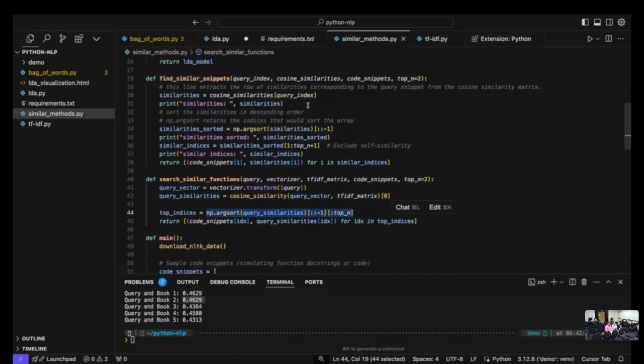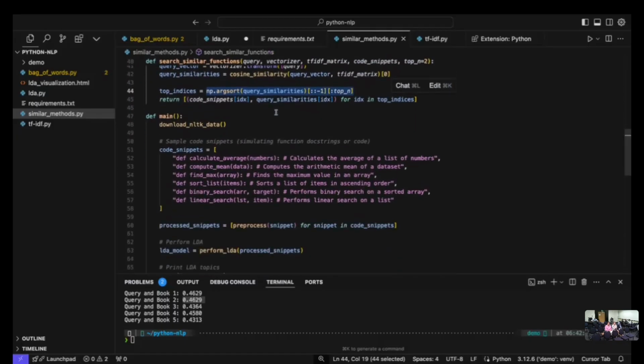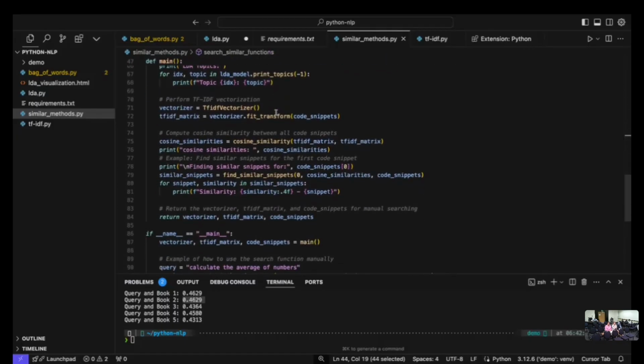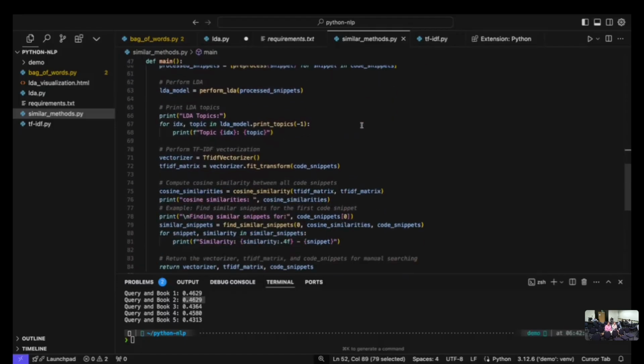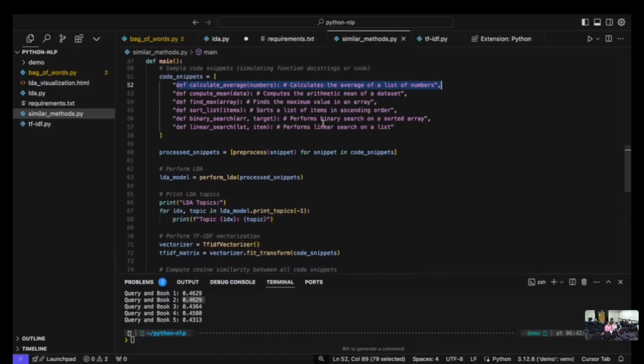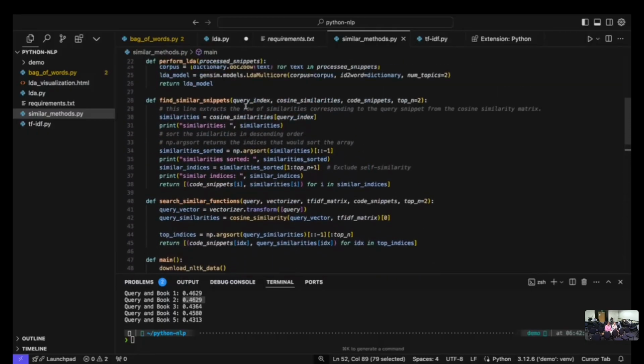So once we have the cosine similarity with us, in this case, with the find similar snippets, we actually can provide the query index. So where the query index is coming from, in this case, we are seeing the code snippets, this particular one, that is the first value. We are providing that. And then we are calculating how it is actually relating to all of these.